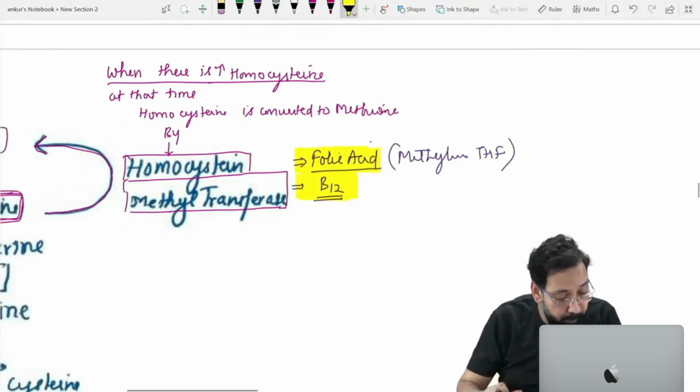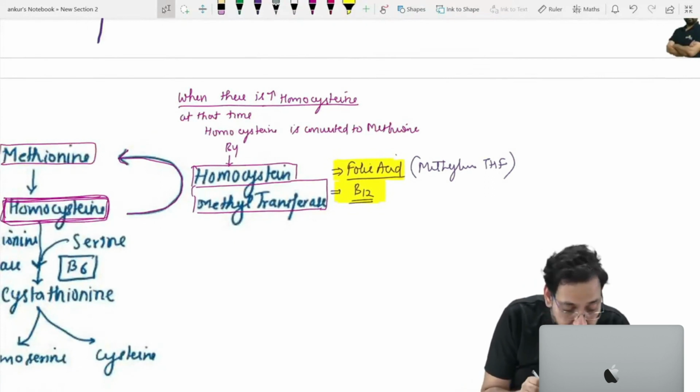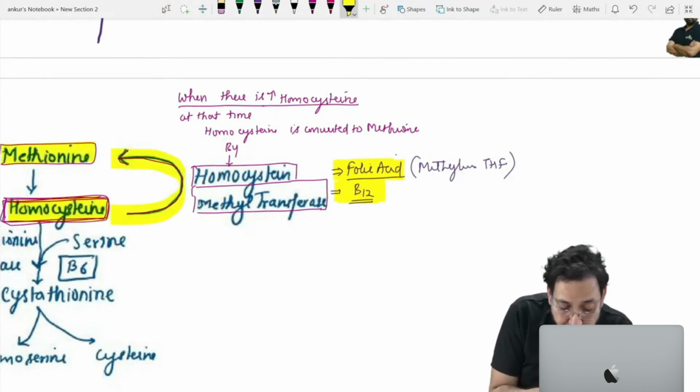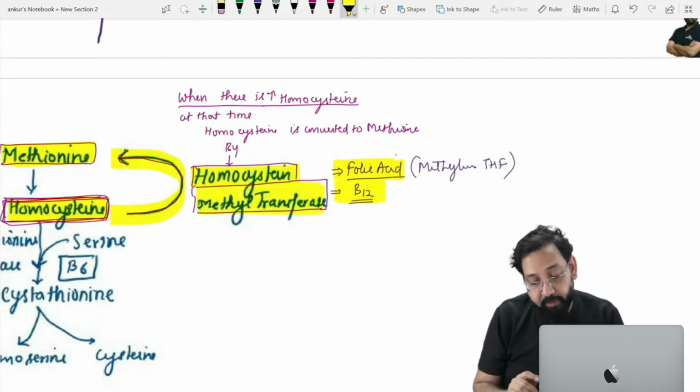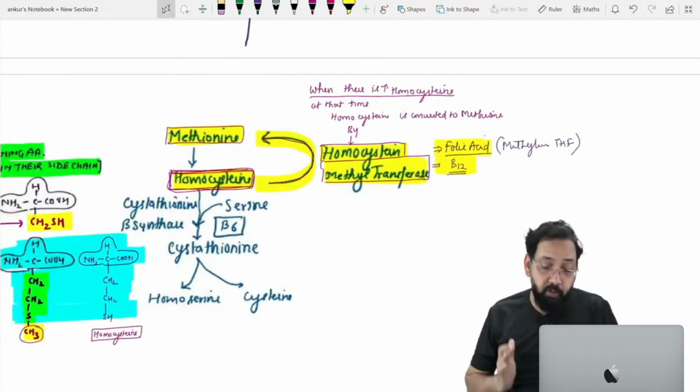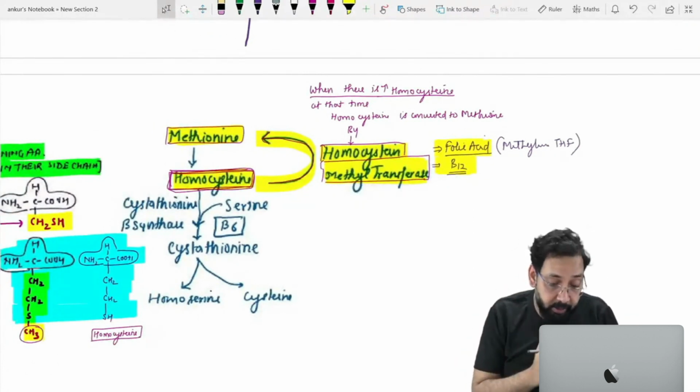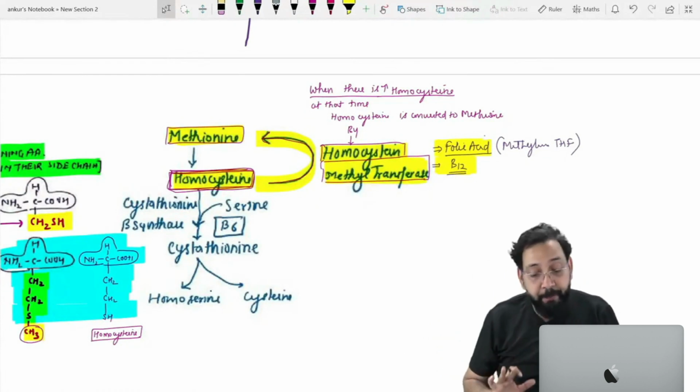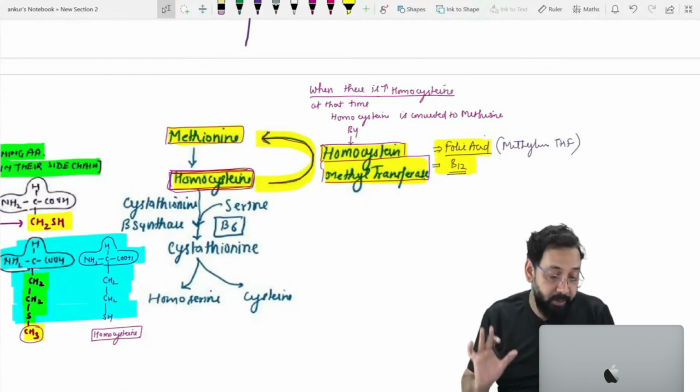If B12 and folic acid are there, then homocysteine can be converted to methionine by the enzyme homocysteine methyl transferase. So normally in our body, whenever homocysteine increases, it is converted back to methionine by homocysteine methyl transferase.